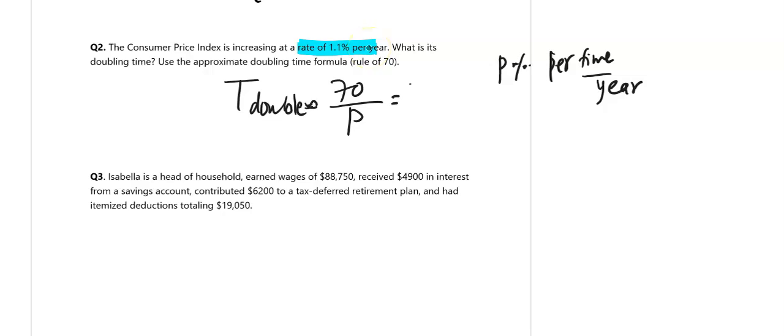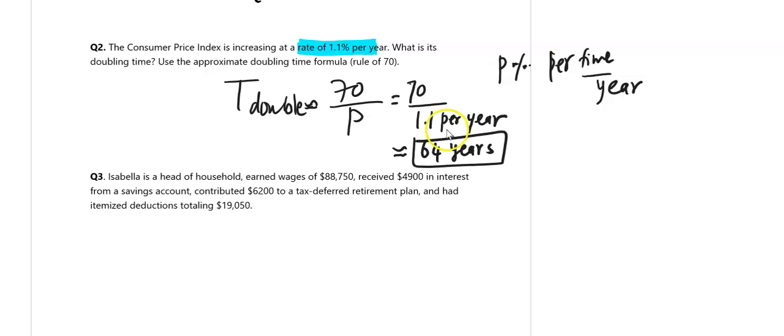So we use P as 1.1, 70 divided by 1.1 per year. If you do the division, 70 divided by 1.1, and you round your answer to the nearest year, it is going to be 64 years. So if consumer price index increases at that rate per year, the doubling time is going to be 64 years.